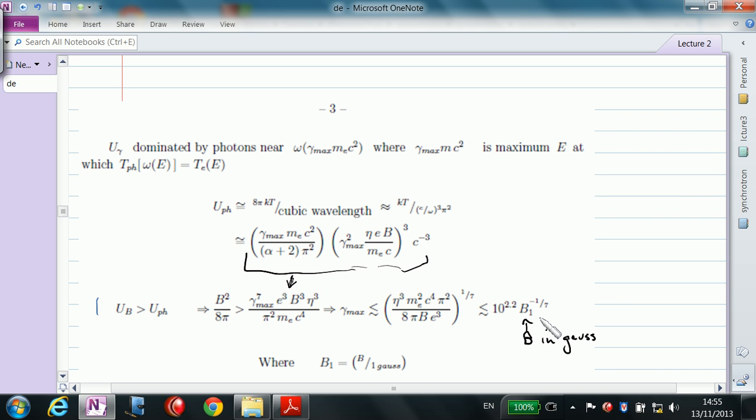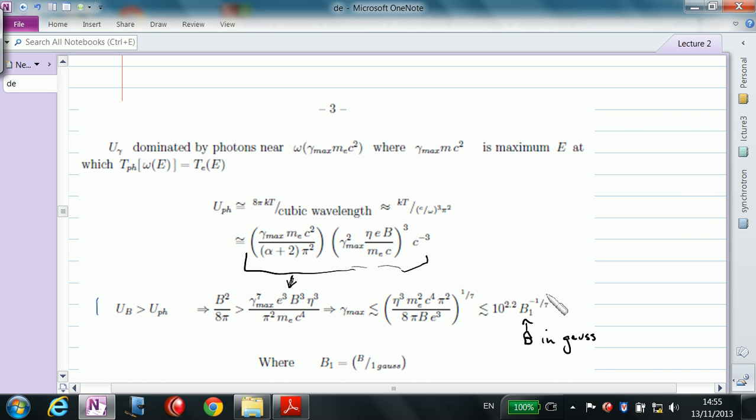And in interstellar space, let's say you have a field of a microgauss, this is less than a factor of 10. And on the surface of a neutron star where B could be 10 to the 12th, this is still only a factor of less than 100.